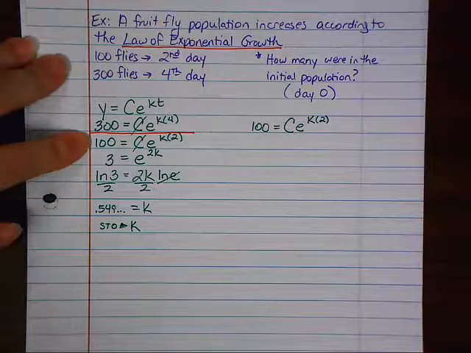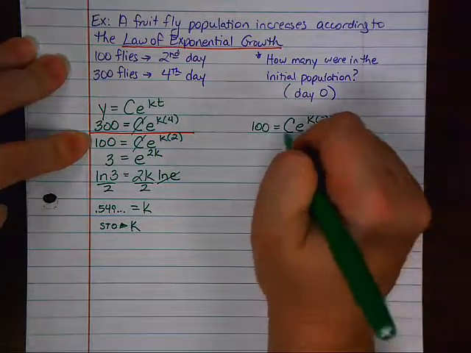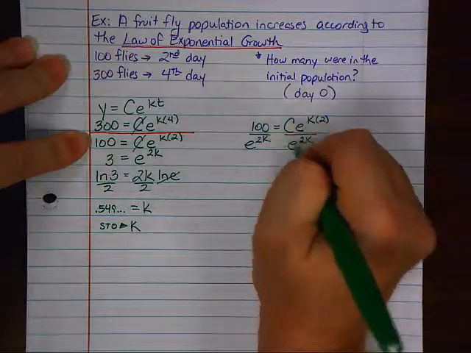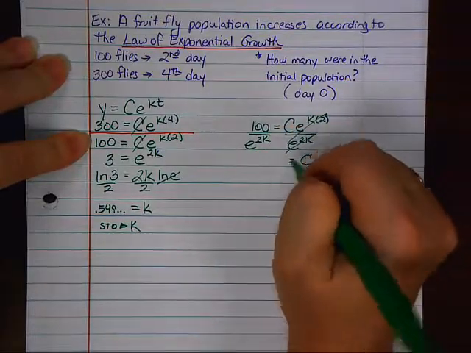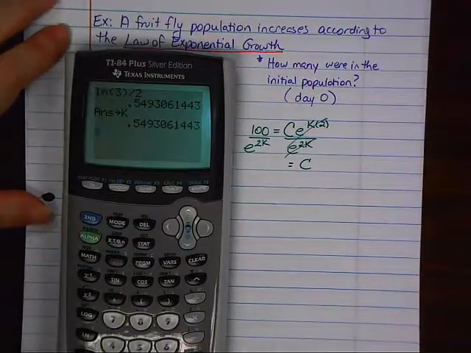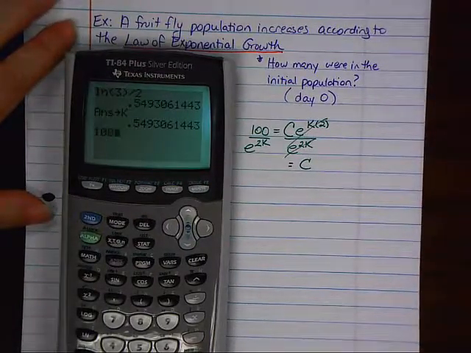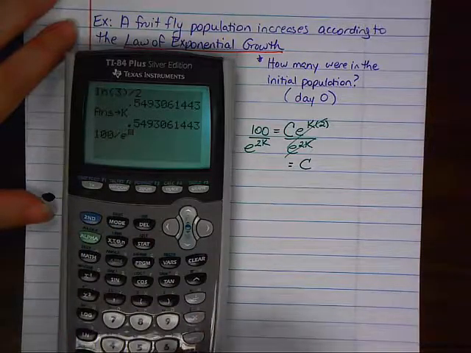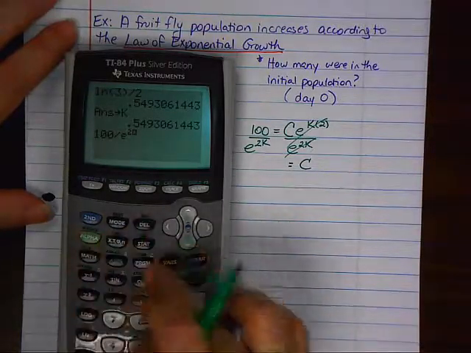Solve for C. What do I do? Divide by e to the 2k. Those two cross out. Now I can find C. So, can you see that? Good. 100 divided by e to the 2k.